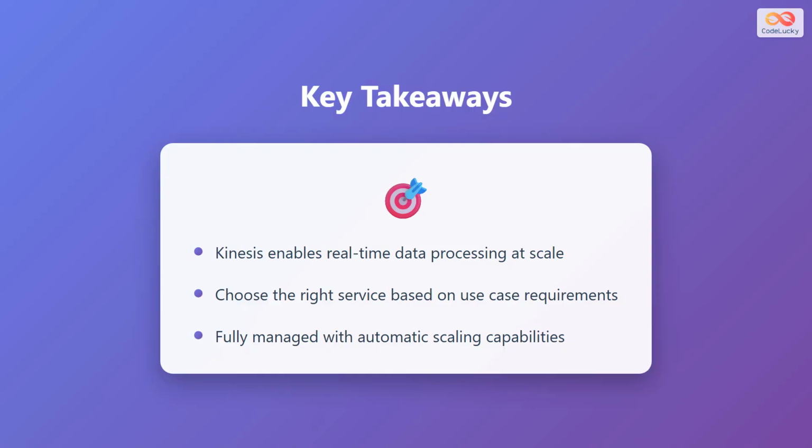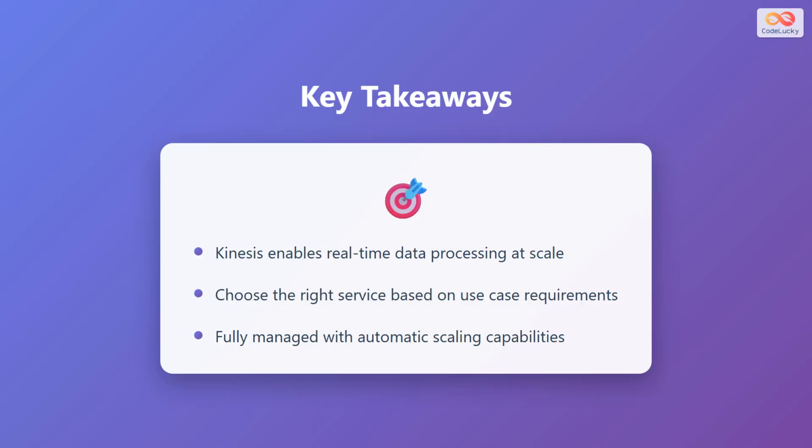Let's recap the key points about Amazon Kinesis. First, Kinesis enables real-time data processing at virtually any scale, handling everything from a few megabytes to terabytes of data per hour. Second, it's important to choose the right Kinesis service based on your specific requirements. Use Data Streams for custom applications, Firehose for simple data delivery, Analytics for real-time insights, and Video Streams for video processing.